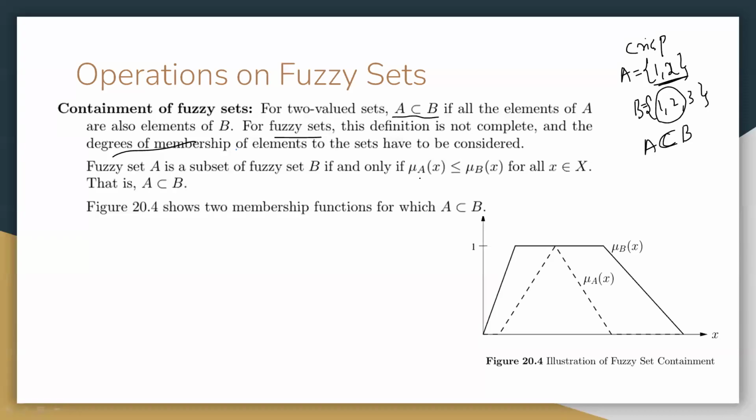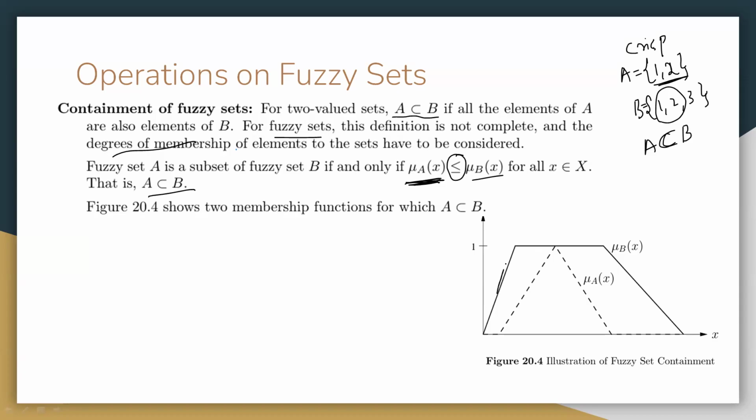So the membership value of each element in A should be less than or equal to the membership value of the same element in B, where x belongs to the universe of discourse, capital X. Then you can say that A is a subset of B. This is how it should look.